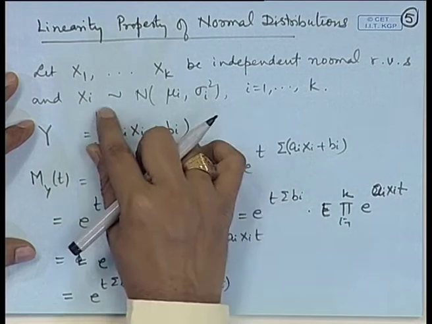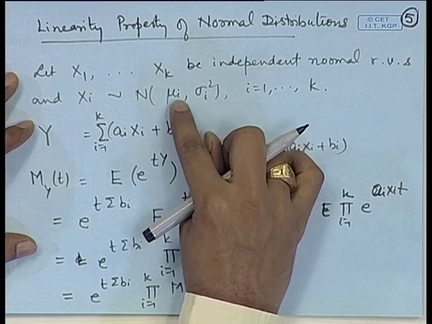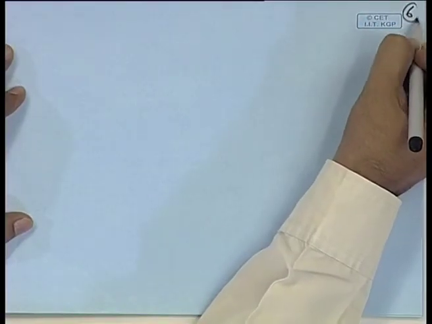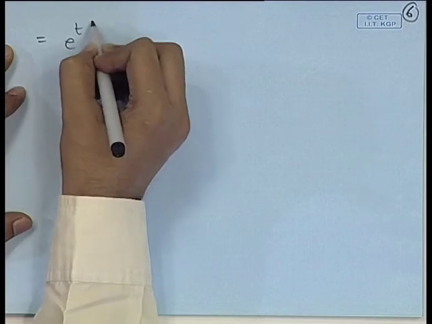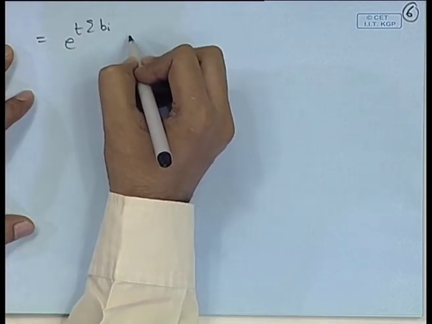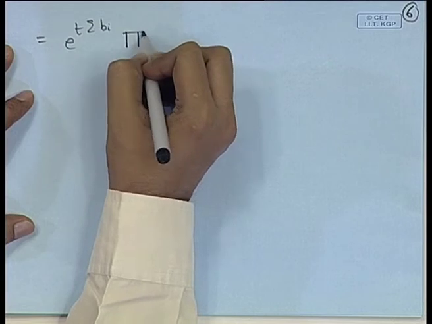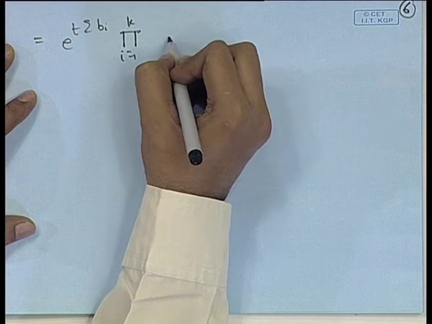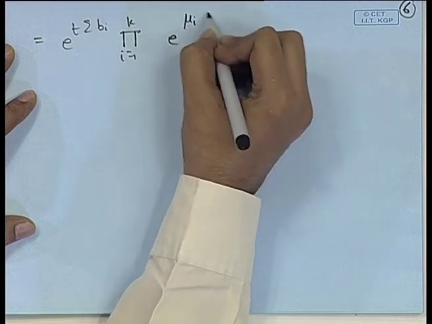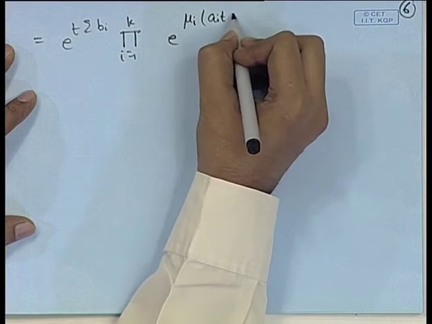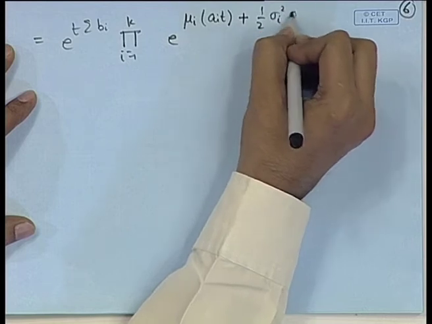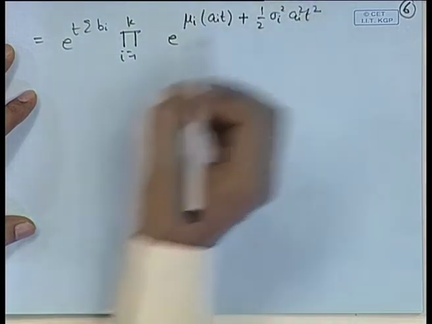Now, the X_i's follow normal distributions, therefore the moment generating function of X_i can be written, so we substitute that here to get e to the power mu_i a_i t plus half sigma_i square a_i square t square.